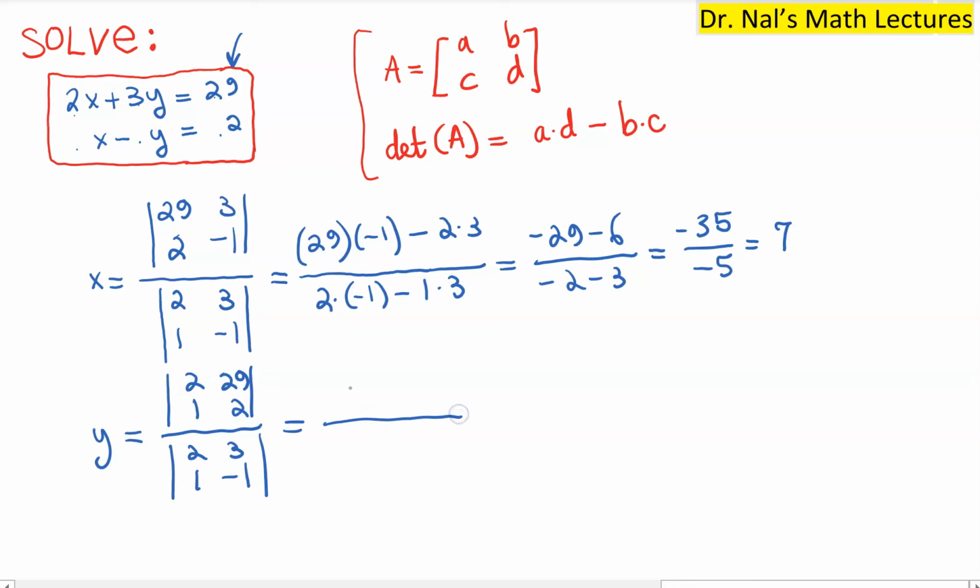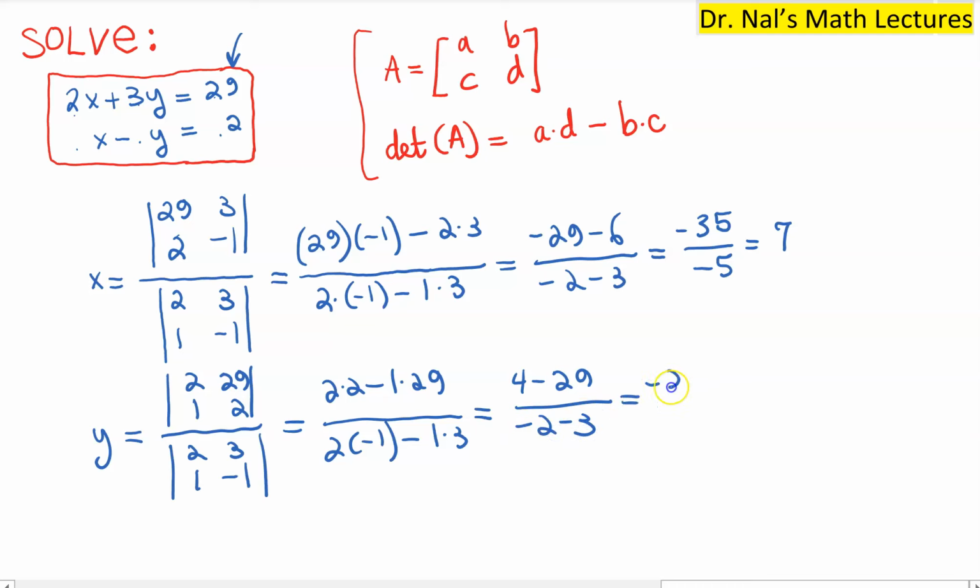In the numerator we get 2 times 2 minus 1 times 29, and in the denominator 2 times minus 1 minus 1 times 3. The numerator is 4 minus 29, all divided by minus 2 minus 3. That's just minus 25 divided by minus 5, and indeed it comes out as 5.